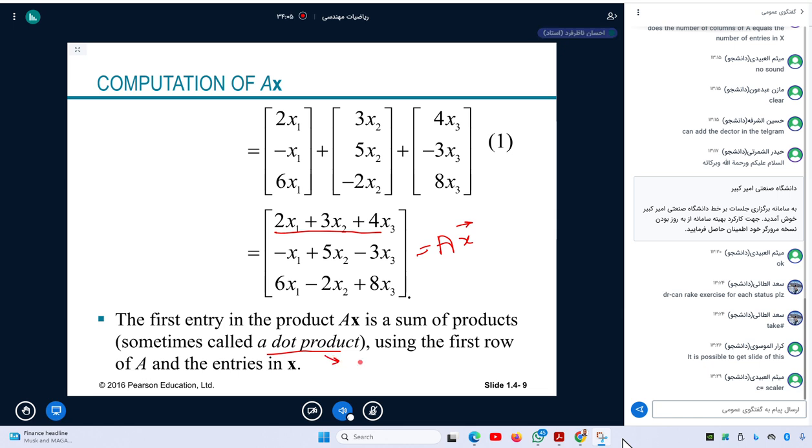This means if you multiply two vectors, for instance, 1, 2, 3, dot the other vector, for instance, 5, 6, 7, we multiply two vectors as a dot product.